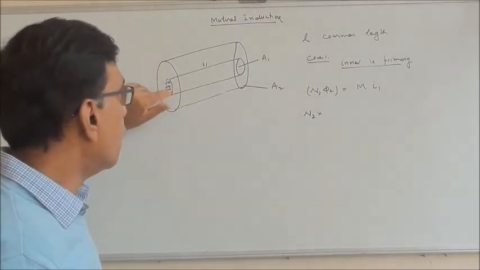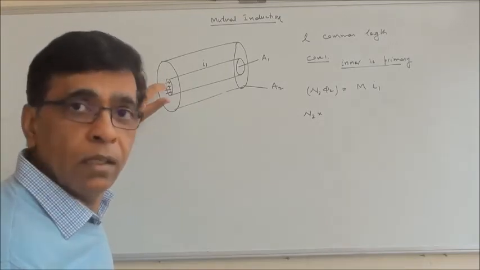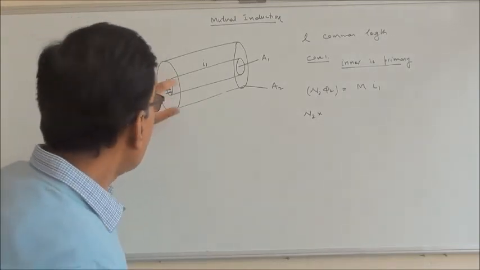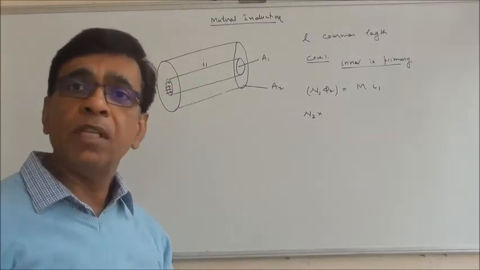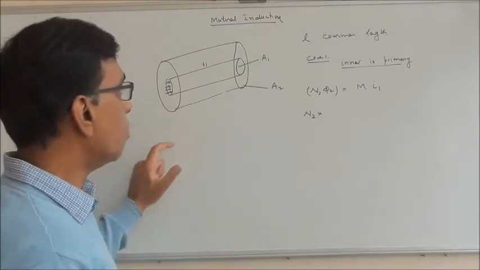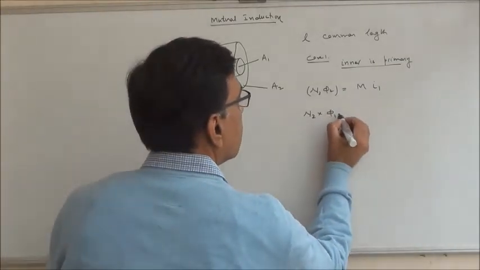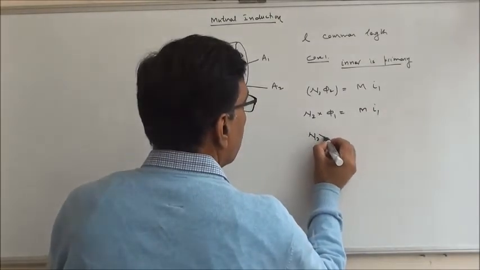Between the two solenoids, the field is 0 if we have taken current in the inner one. So it means the flux for each turn of the secondary is actually the same as the flux for the inner one, because there are no magnetic field lines between the two. So phi 2 I can write as just phi 1. It's a very important point.